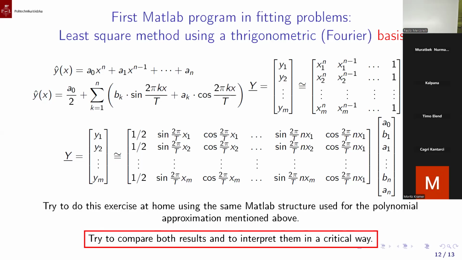Yeah, this is the regressor. T is a parameter that can be chosen.